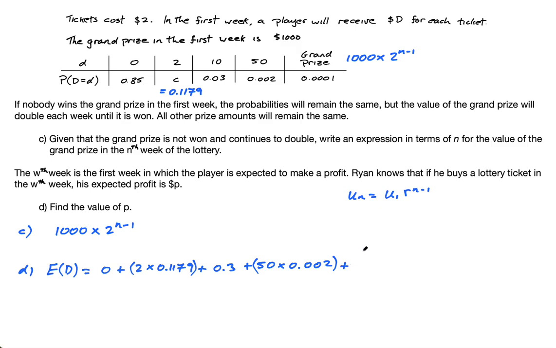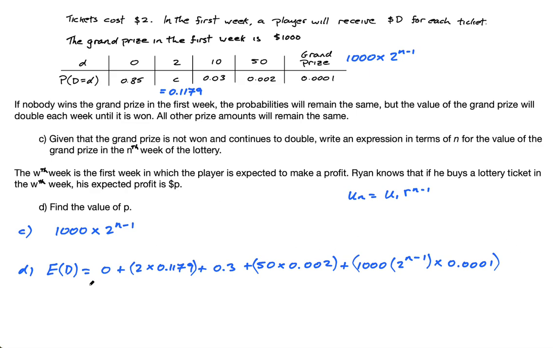And then plus 1,000 times 2 to the power of n minus 1. This is what he'll win times the probability of him winning that, so it's this multiplied by 0.0001. So this is the expected value of D.